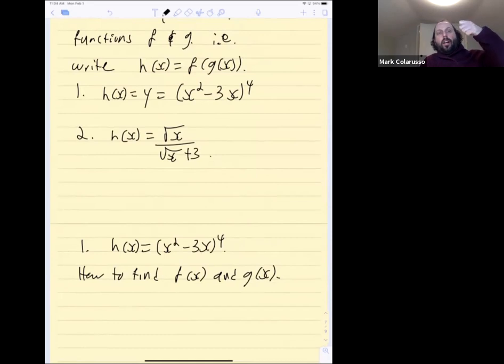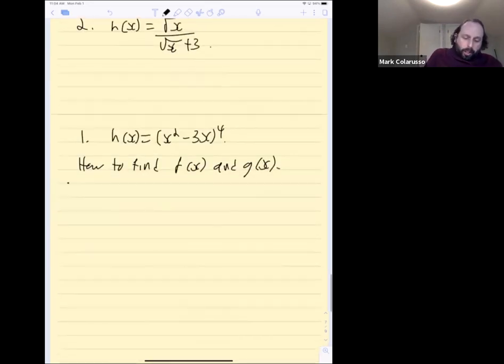It means I've constructed h by first doing g and then applying f to that result. So when you decompose a composition, we're first going to find f and then find g. We're going to work our way back from the outside in. So actually going to do left to right here.